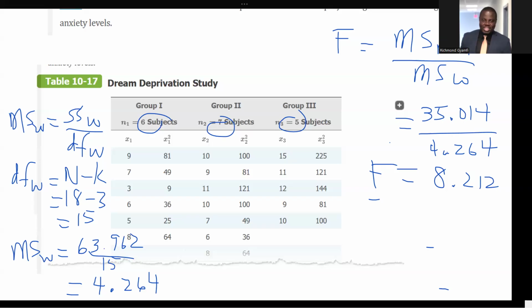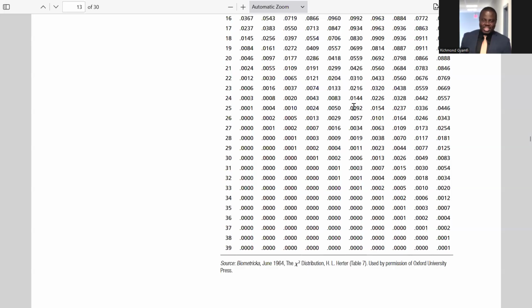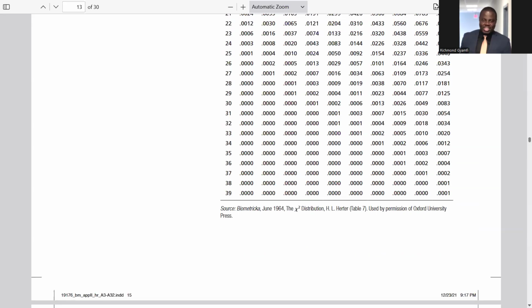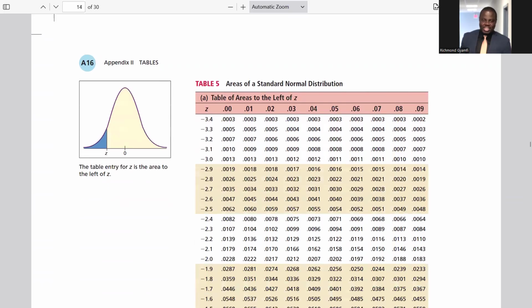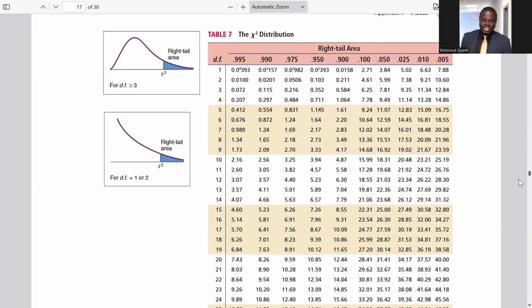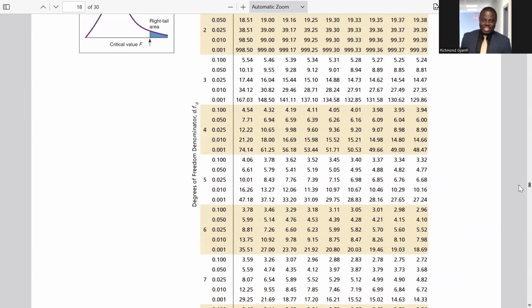So these are the tables. I'm going to scroll down. The F table is going to be table 8. So this is table 5, the Z table. That's not what I need for now. Yep.